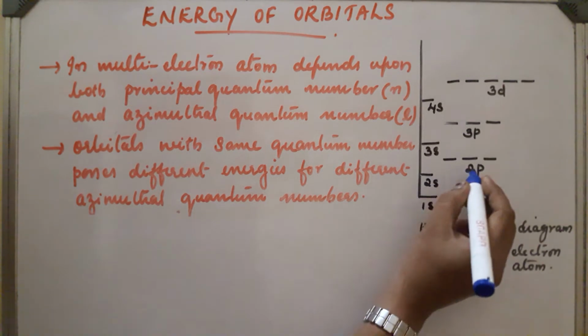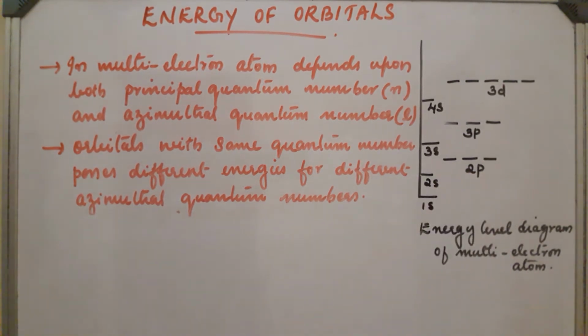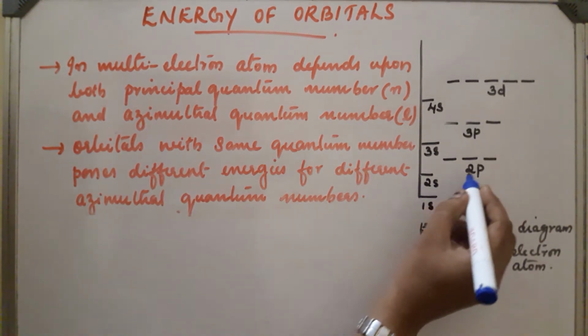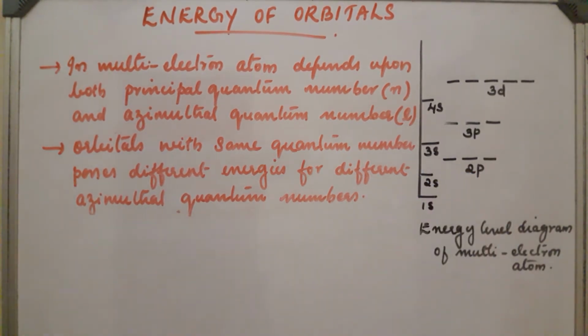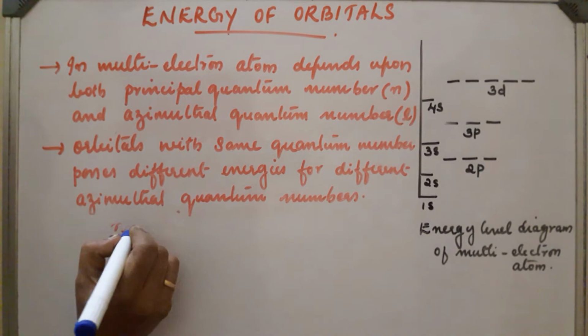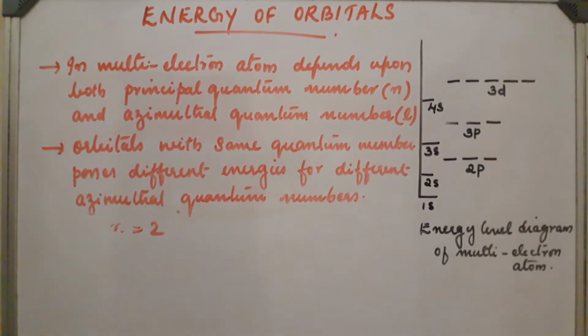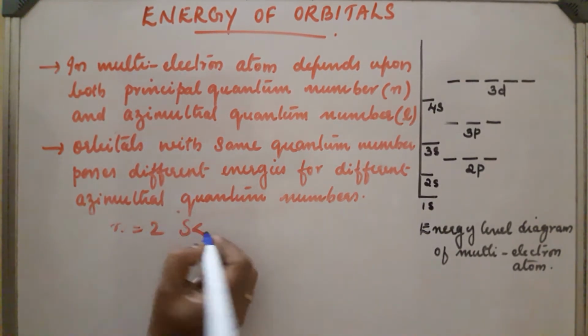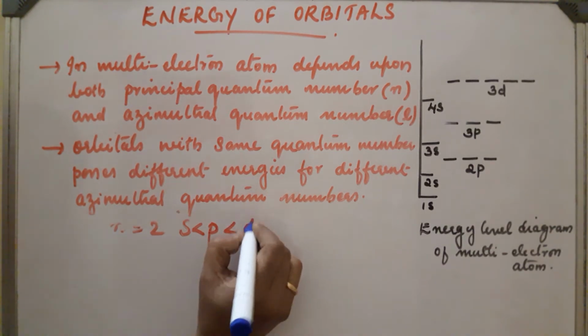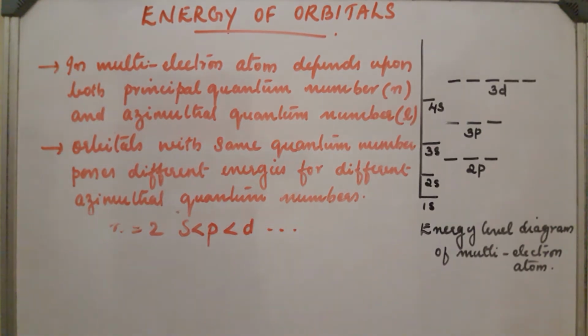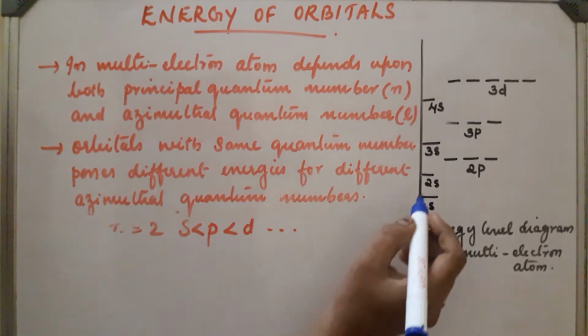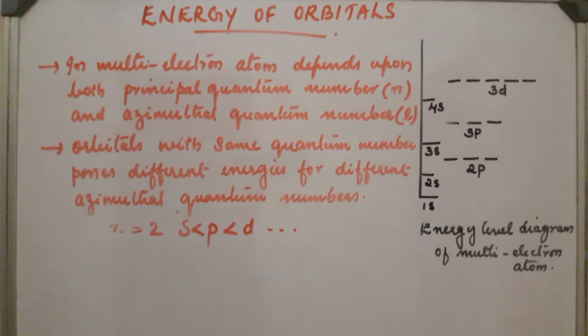Here the 2s and 2p subshells have different energies, even though they have the same quantum number, n equal to 2. But s has lower energy than p, then d, etc. So the different subshells of the same quantum number have different energies.